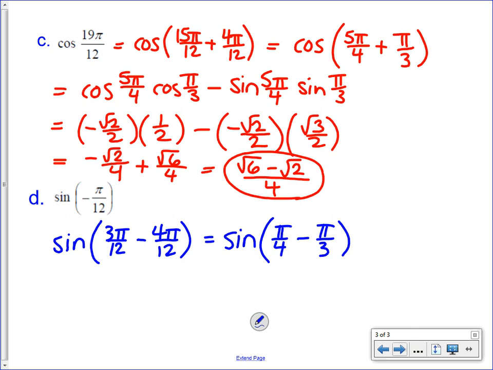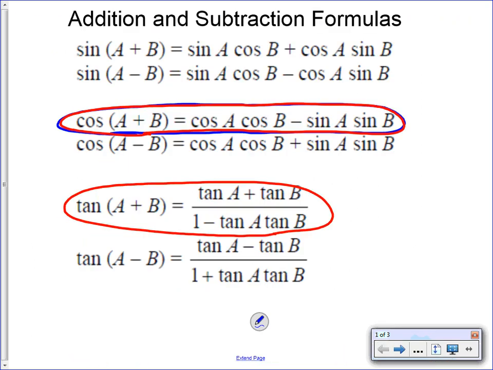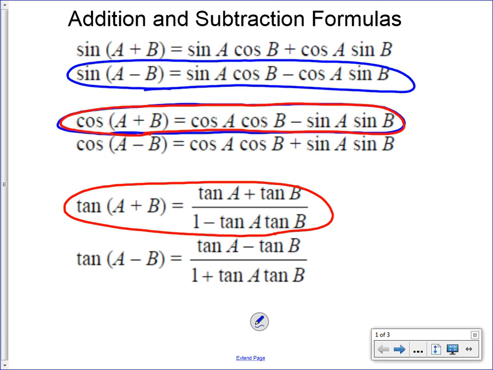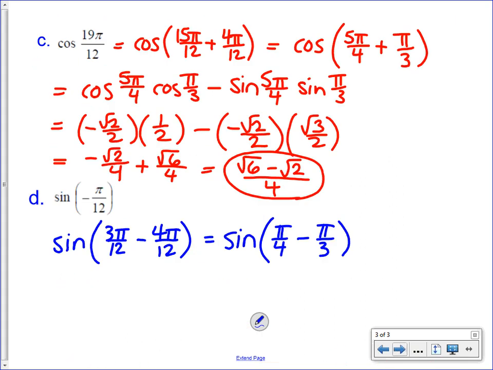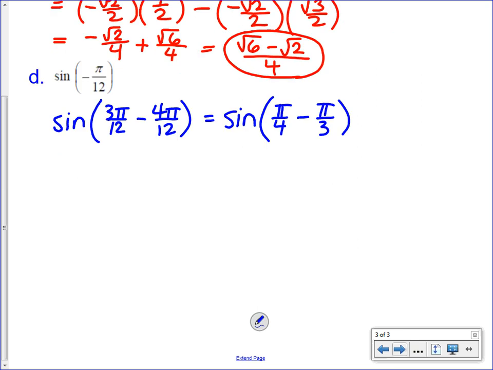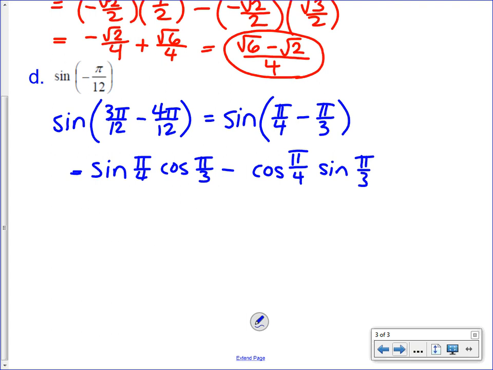Okay, so then you find your formula. So we're going to use sine of A minus B. Okay, and then you plug into the formula. All right, so when we plug into the formula, we're going to get sine of pi over 4 times cosine of pi over 3 minus cosine of pi over 4 times sine of pi over 3.